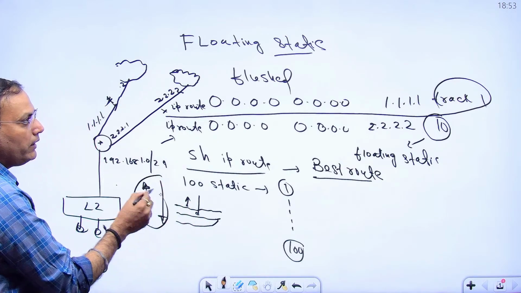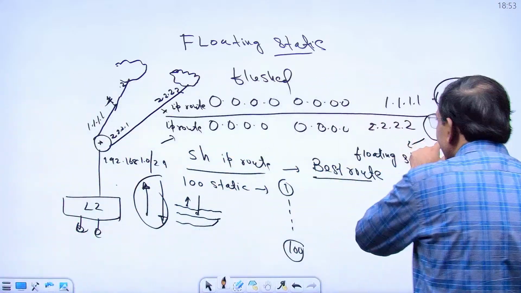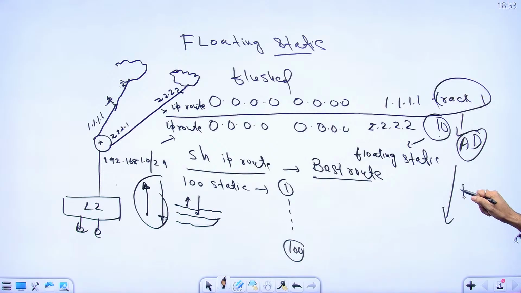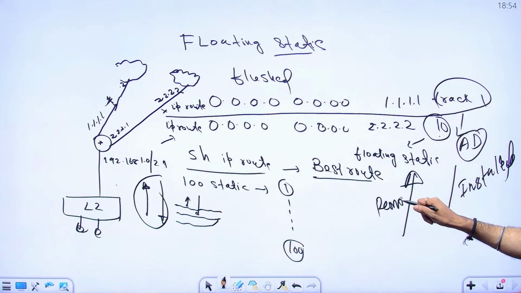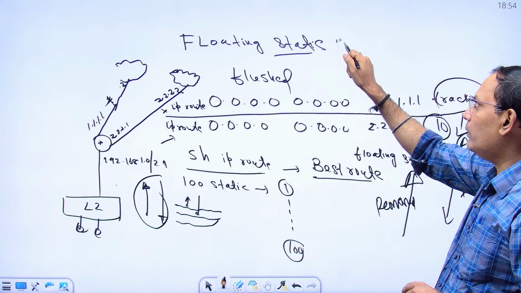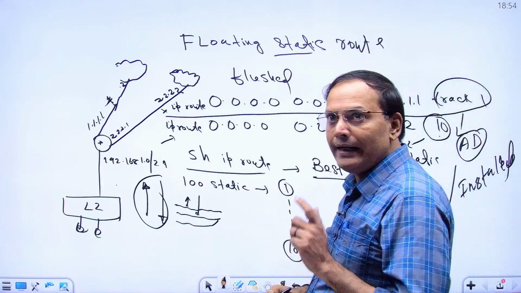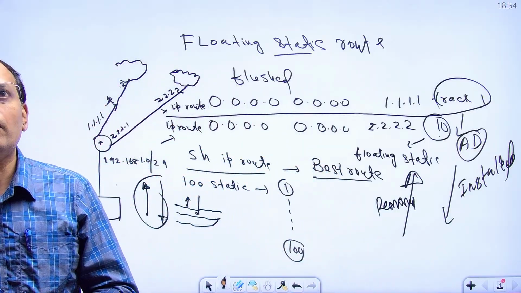Same way in a static route, if there are 2 routes or 10 routes configured with AD, the route with AD will be installed in the routing table when it becomes the best route, and removed from the routing table otherwise. That's why it is called a floating static route. A floating static route means that route will be added into or removed from the routing table.